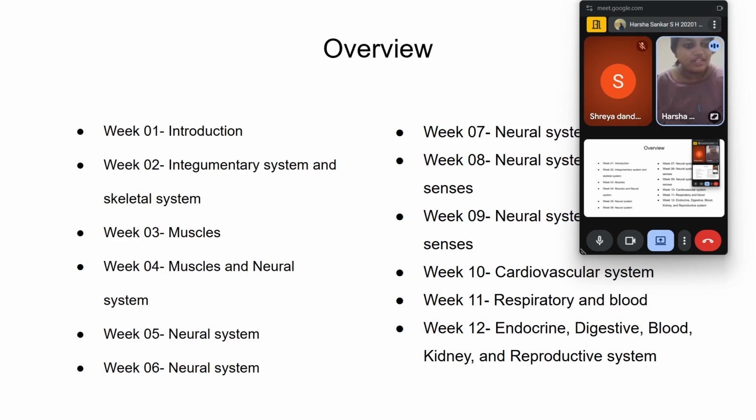Finally, the last was a wrap-up session, including endocrine glands, digestive system, blood, kidney, and finally the reproductive system, males and females separately. So this was the overview of the last 12 lectures that we have gone through.